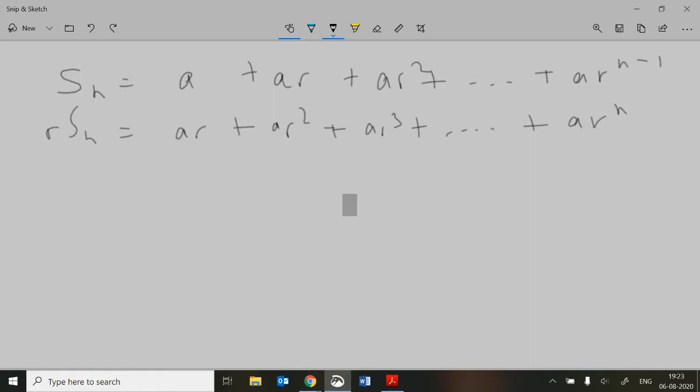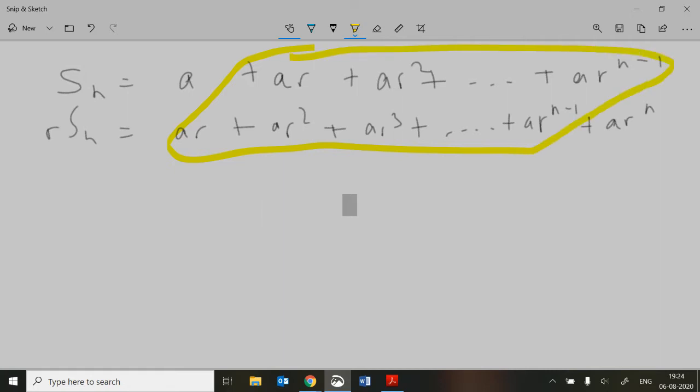Now again, the trick in this case is to look at the difference between what we have here, because a lot is similar. So all of this could be kind of useful to show you the previous term there. A times r to the n minus 1, and then the final term is going to be ar to the n. So you can see that these things are the same.